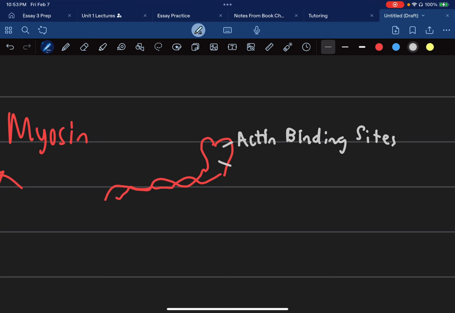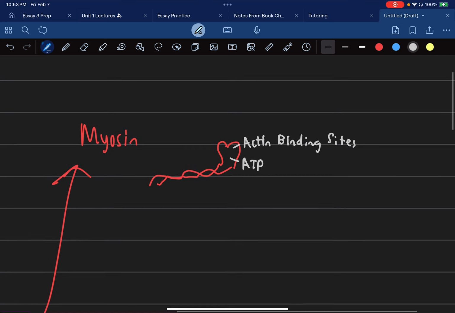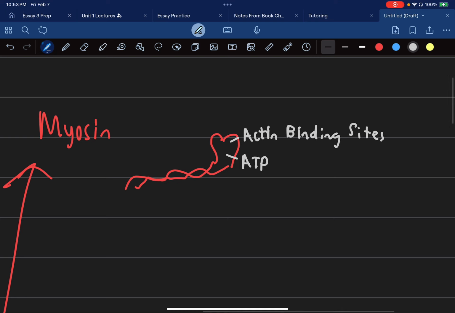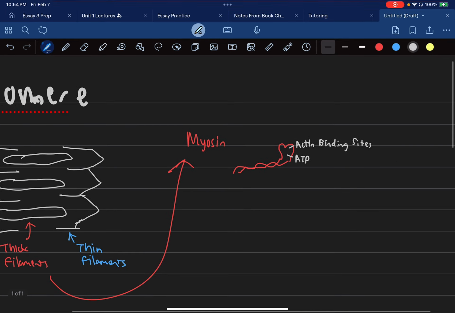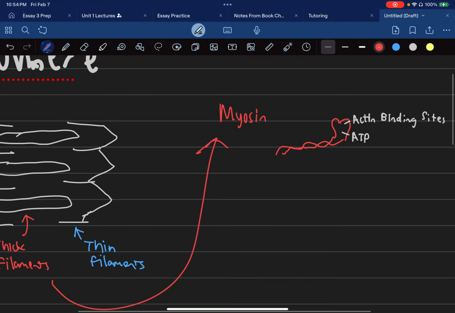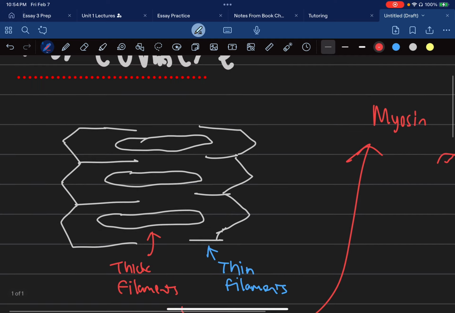It also has a binding site for ATP. And using these two binding sites, it's going to be able to go into what we call cocked and uncocked position, which I'll go over in a sec, and that's going to ultimately lead to muscle contraction as the myosin heads slide back and forth with the thin filaments here.